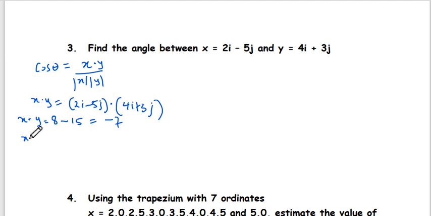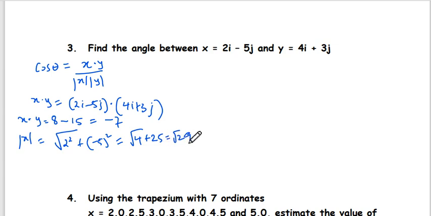Now let's get the modulus of x. Modulus of x is the square root of 2 squared, the coefficient of i is 2, plus the coefficient of j, minus 5, squared. That becomes 4 plus 25, that's root 29, which is equal to 5 point something.